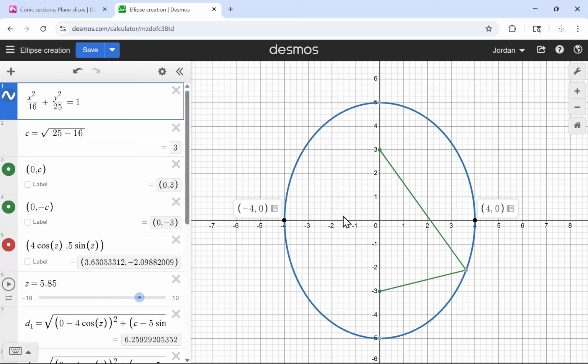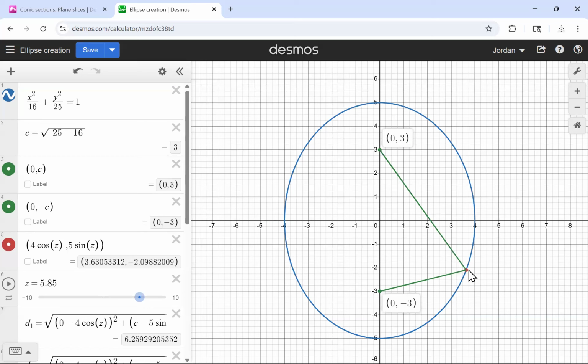So vertices (0, 5), (0, negative 5), co-vertices (4, 0), (negative 4, 0). Now here's the interesting thing about the two foci in relation to points on the ellipse.